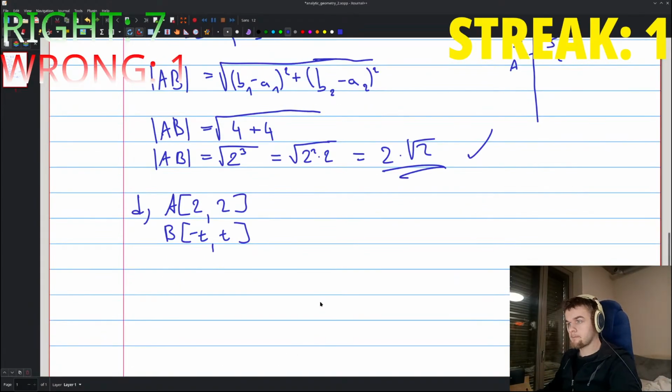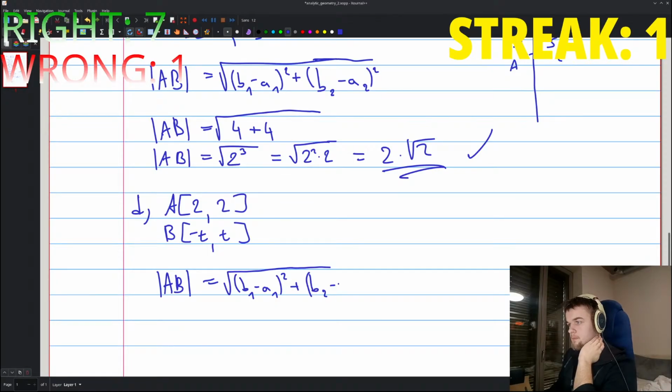So once again, distance of A to B is square root of B1 minus A1 squared plus B2 minus A2 squared.